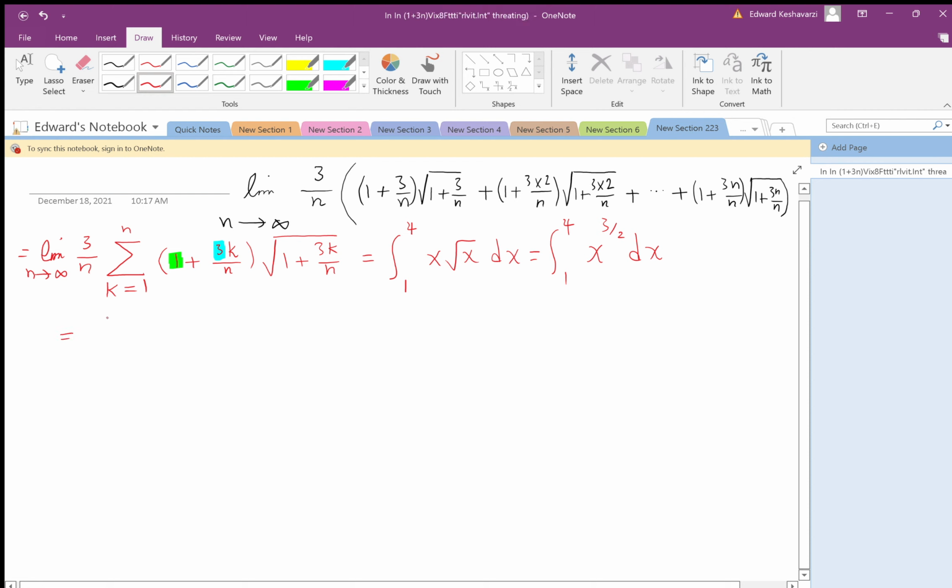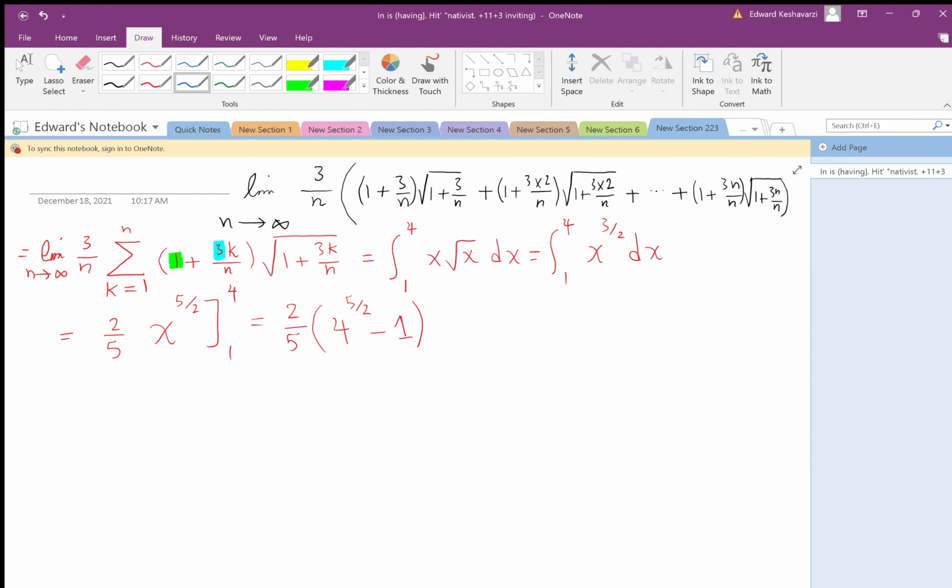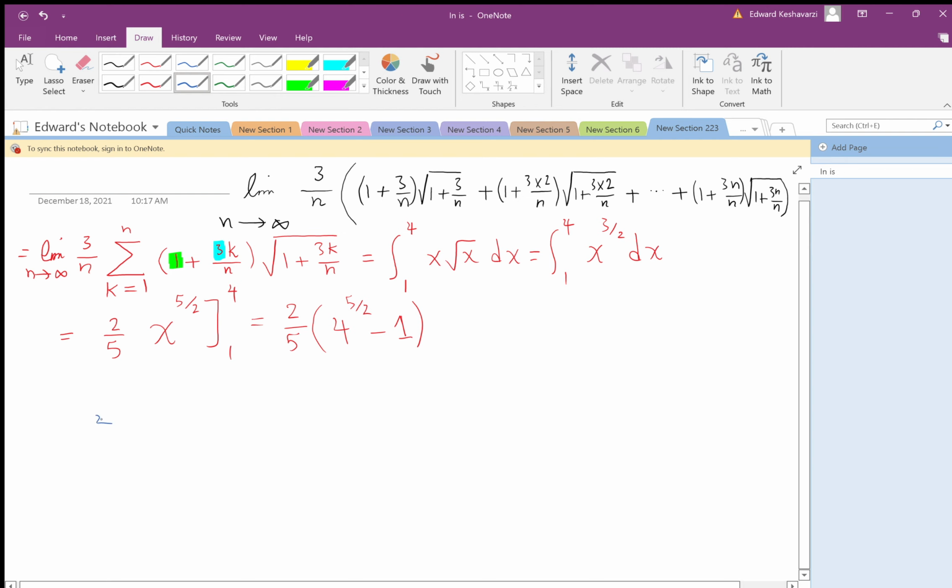The answer would be 2/5 x to the power of 5 over 2, because you add 1, right? From 1 to 4. So 4 to the power of 5 over 2 minus 1, because 1 to any exponent is 1. So I need to know what is the exact value of 4 to the power of 5 over 2.